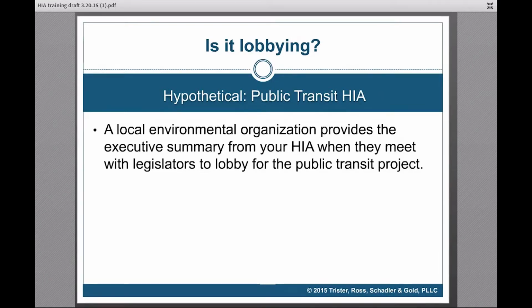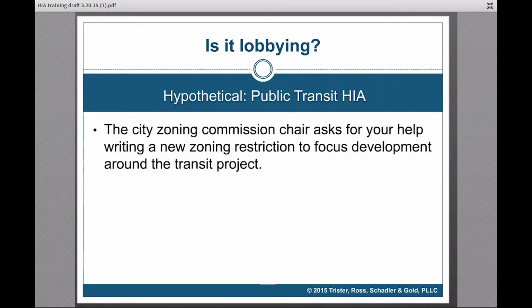Remember that if you talk to folks at regulatory agencies, zoning boards, outside of government, folks at big corporate and institutional actors, universities, they can all play a really important role in promoting public health, but they don't count as lobbying if you're communicating with them, unless you have a call to action, unless you're asking them to contact their legislator or contact a key legislative official about your HIA or about that issue.